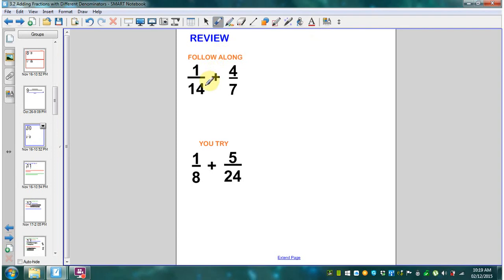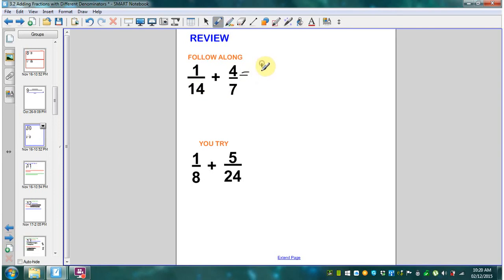First things first, we check. We're adding fractions. Do we have a common denominator? No, we do not. So we need to find a common denominator. So how can we make one of these fractions similar on the bottom? So we have 14 and 7. Well, we could multiply 7 by 2 to get 14.